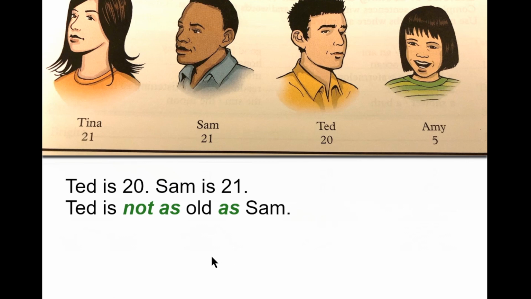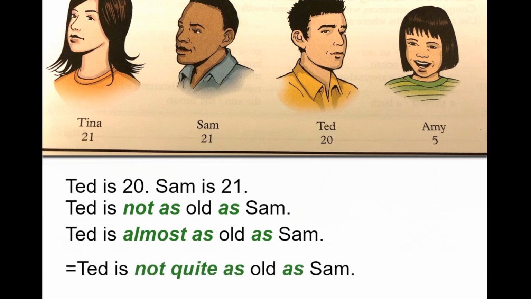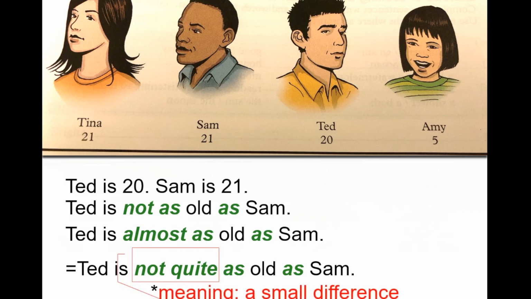And because Ted is 1 year younger than Sam, there is a small difference between them. So you could say, Ted is almost as old as Sam, or Ted is not quite as old as Sam. Not quite. We use not quite to mean there's a small difference.